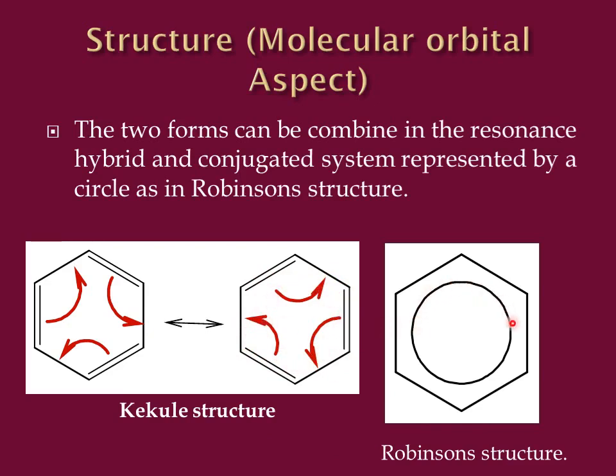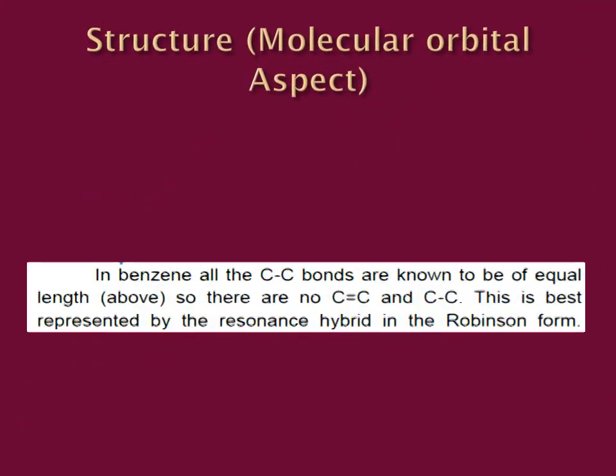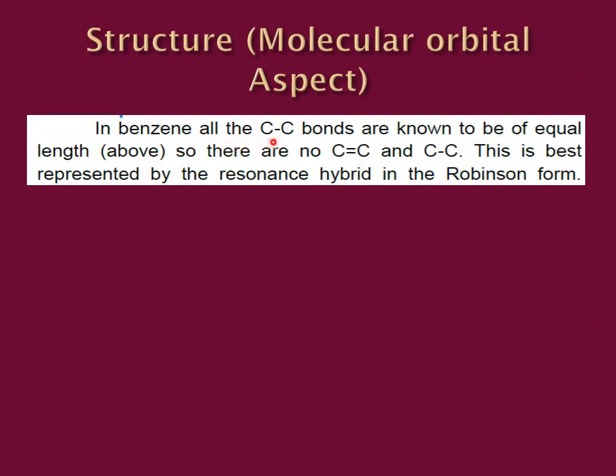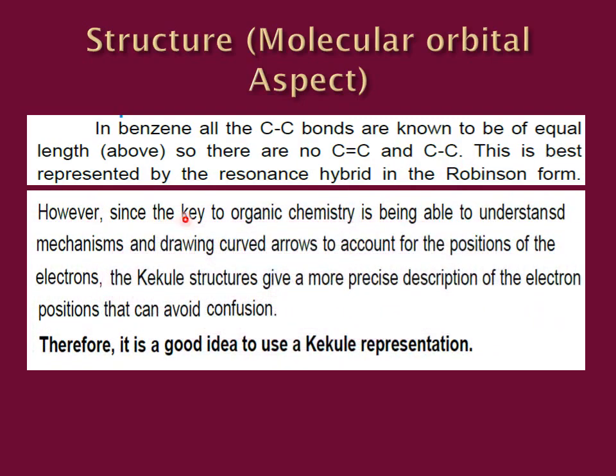Students, in benzene, all the carbon-carbon bonds are known to be of equal lengths. So there are no true double bonds and single bonds. This is best represented by the resonance hybrid, as we have discussed in the Robinson form. But since the key to organic chemistry is being able to understand the mechanisms, we always show the steps of a chemical reaction through a mechanism, drawing curved arrows to account for the positions of the electrons.